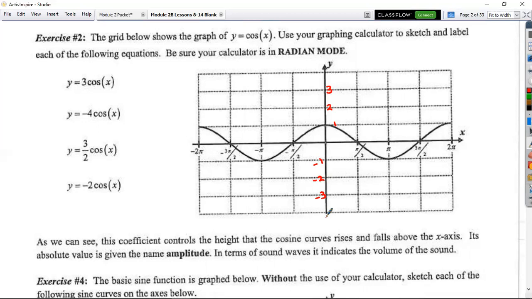So what changed in front, if you compare these, is instead of cos of x, what does it say instead? 3. So what do you think it goes up to instead of 1? 3. You got it. So take your first color, and I'm going to make this one red. And I'm going to take these y values and multiply them by 3. Some of them won't change. So what does this one go to instead of 1?